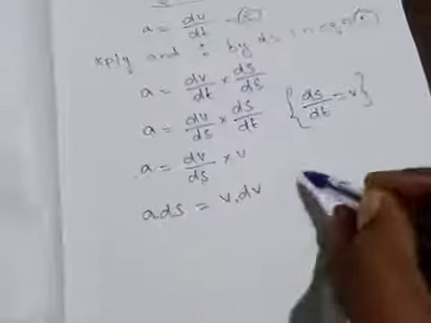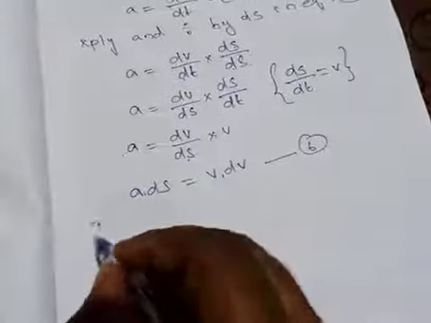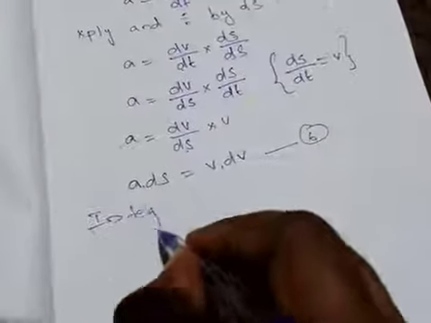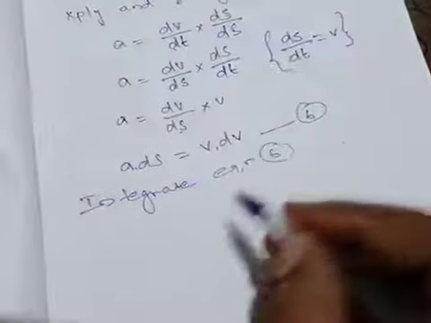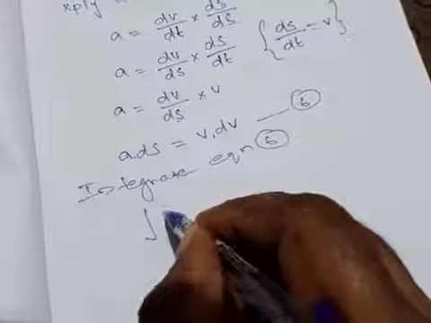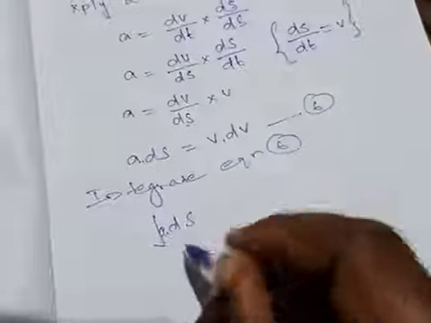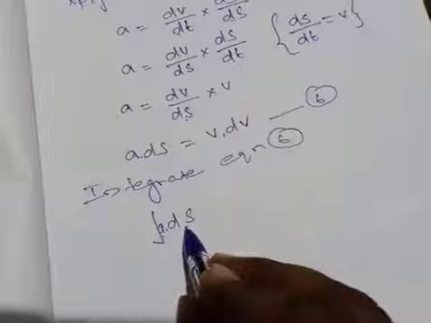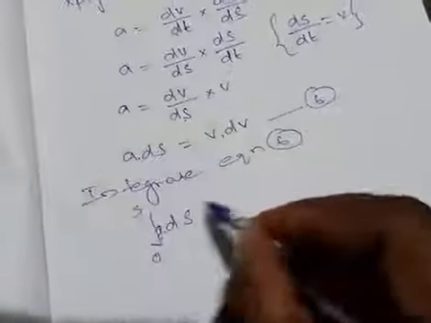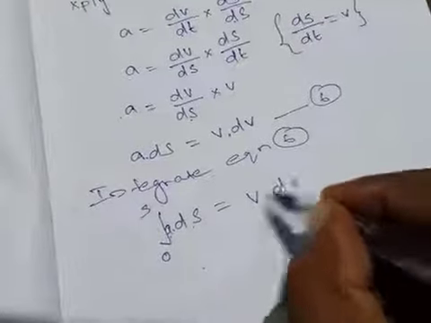Now integrate this equation. You can put it as equation 6. So integrate equation 6. Now a ds: here a is constant, no need to integrate, only ds is integrating. So 0 to s equals v dv.